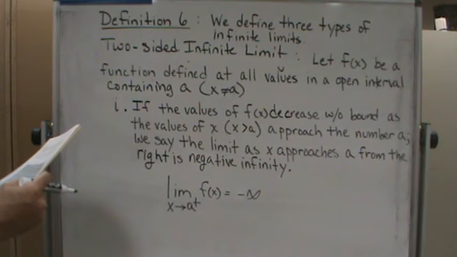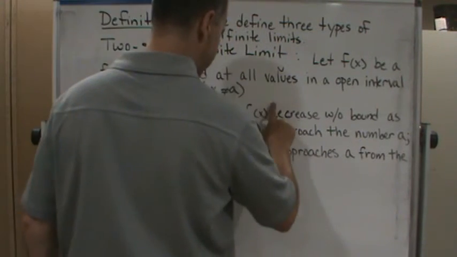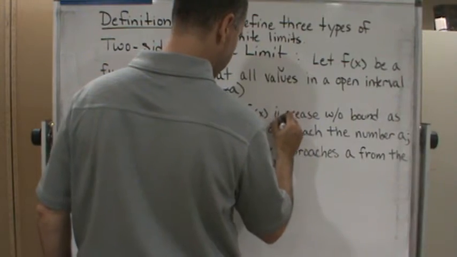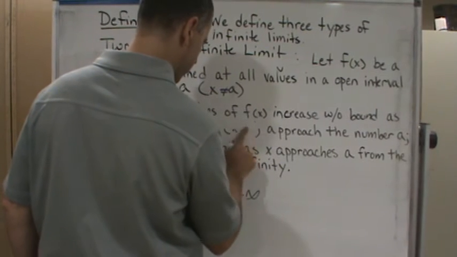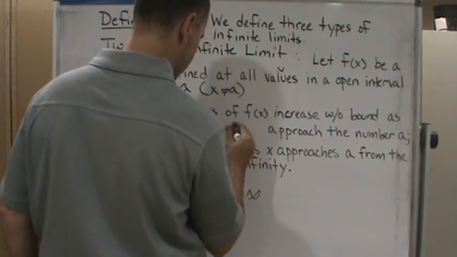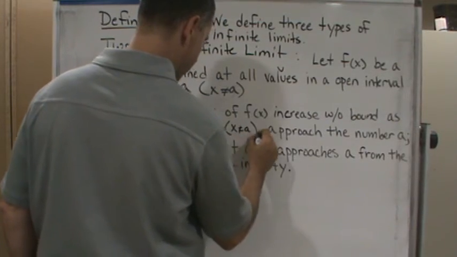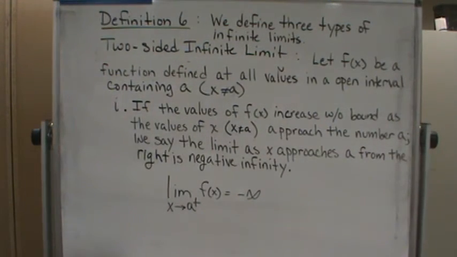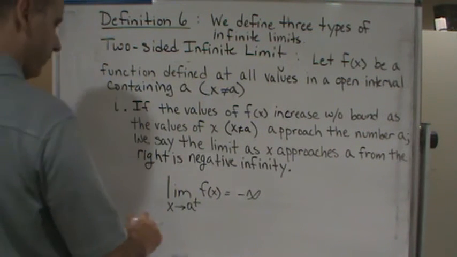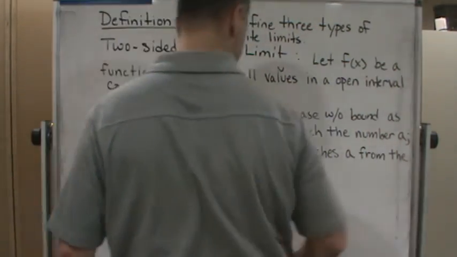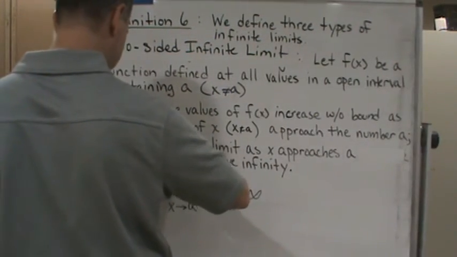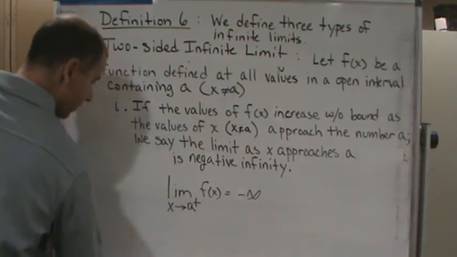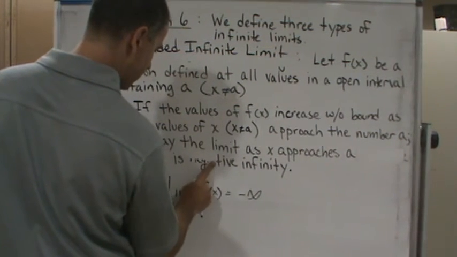So now, case 1 is if all the values of f(x) increase without bound as the values of x, x not equal to a, approach the number a, we say the limit as x approaches a is positive infinity.